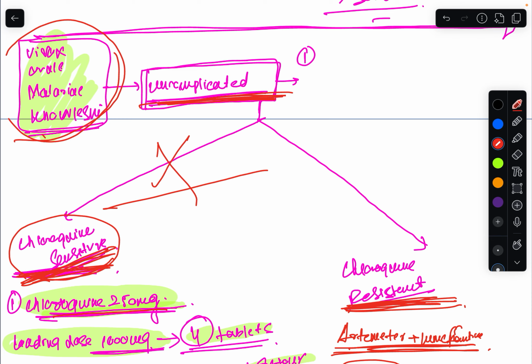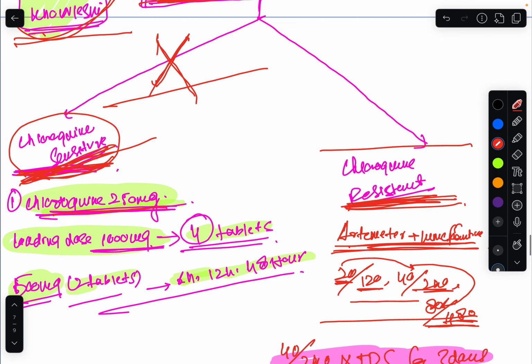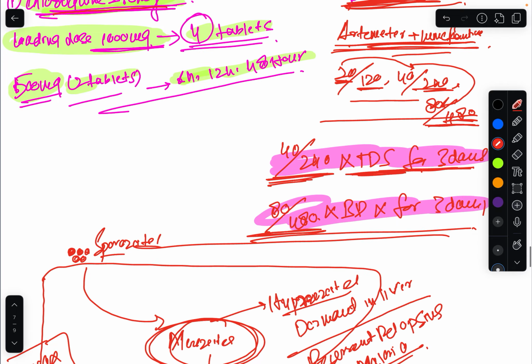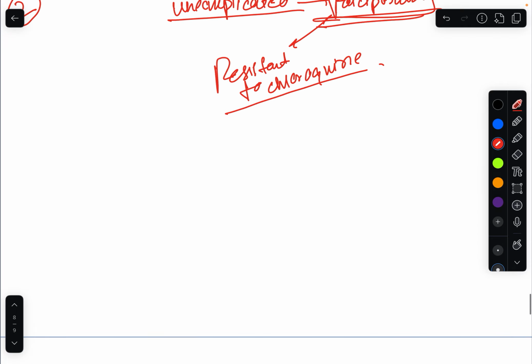If the uncomplicated malaria is due to either one of these, then we can go with this pathway if it is chloroquine sensitive. But we already know that falciparum is chloroquine resistant, so we cannot treat uncomplicated falciparum malaria with chloroquine. We are only left with this option, artemether lumefantrine. So the treatment protocol is the same.